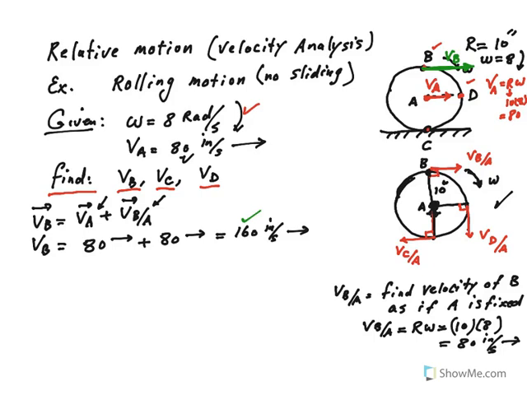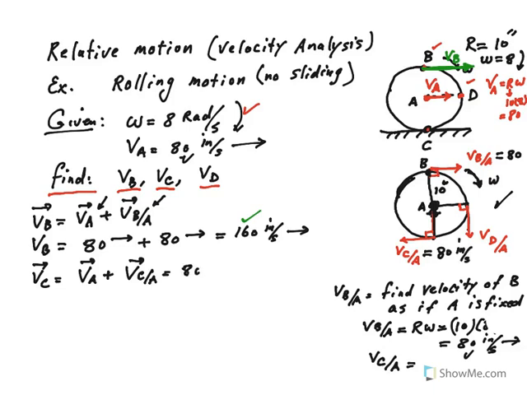Do the same thing for point C. Velocity of C is equal to velocity of A, use A as your reference, plus velocity of C relative to A. So what is velocity of C relative to A? I use the same picture. It's also R omega. It's velocity of C as if A is fixed. Guess what? This is going to be also 80 inches per second. But look at its direction. It's to the left. So look what happens.